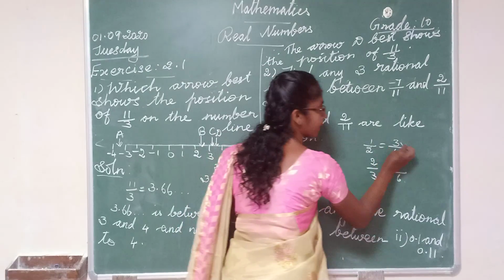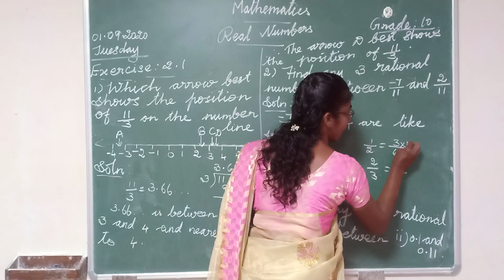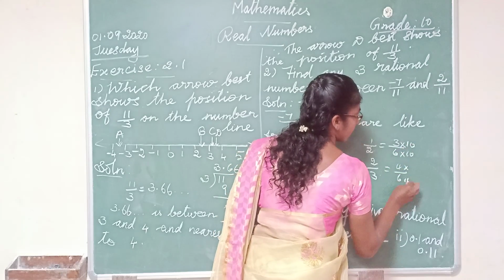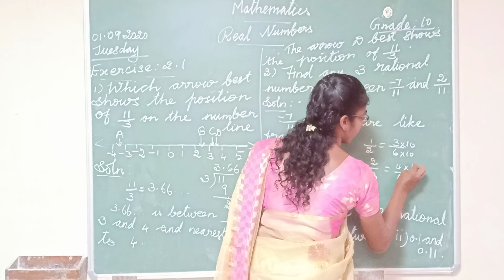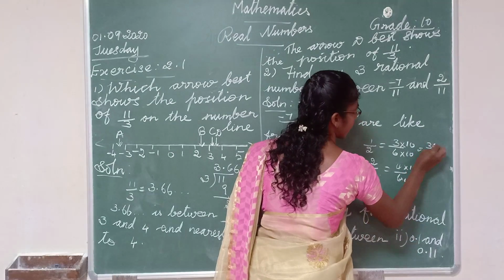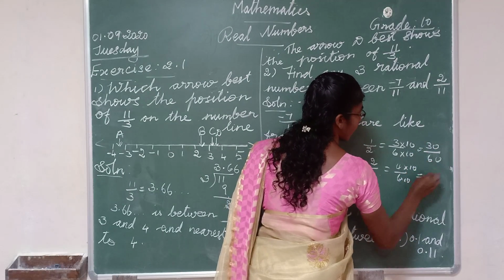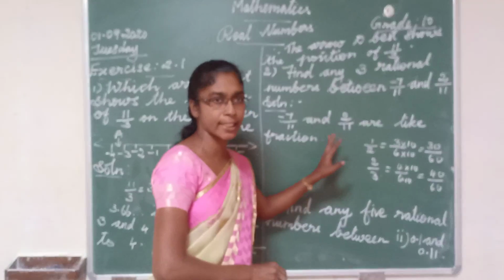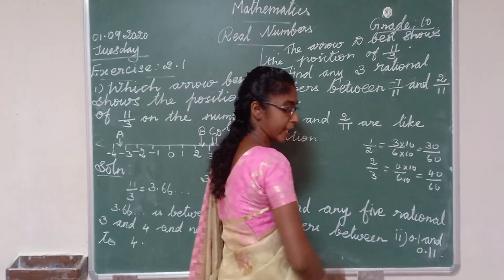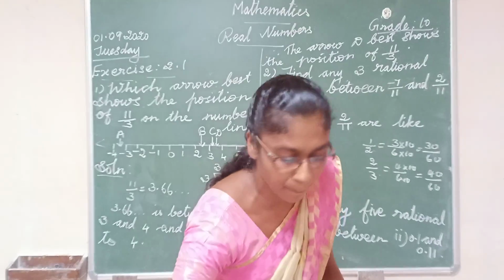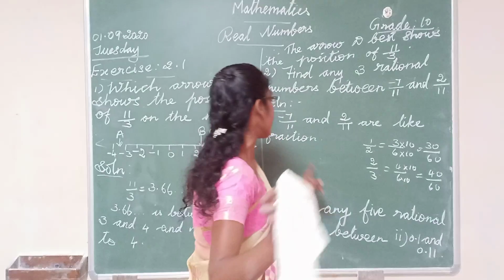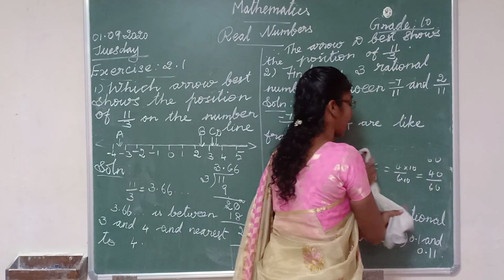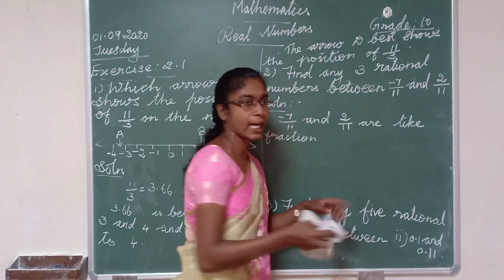So I multiplied these two numbers by 10 and we get 30/60 and 40/60. In between the two numbers we have written. Here we already have 8 numbers between these two numbers, so any 3 numbers we can select and write.